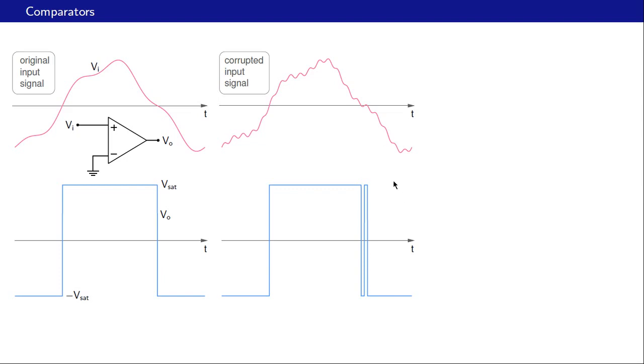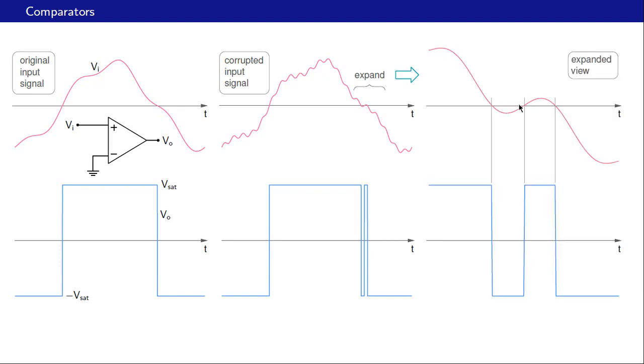And because of that, instead of one transition that we expect from plus Vsat to minus Vsat, we might have multiple transitions as shown here. And let us expand this part to get a clearer picture of this situation. So let's expand that part over here.